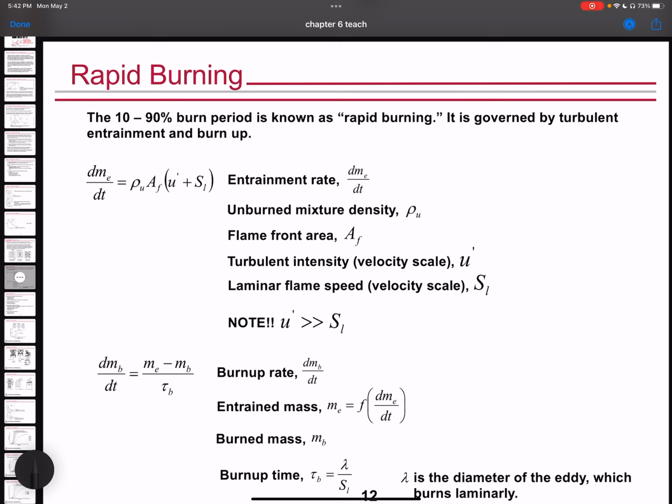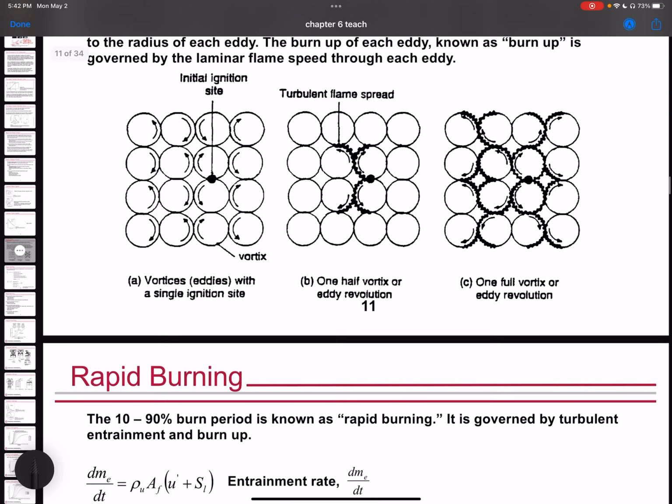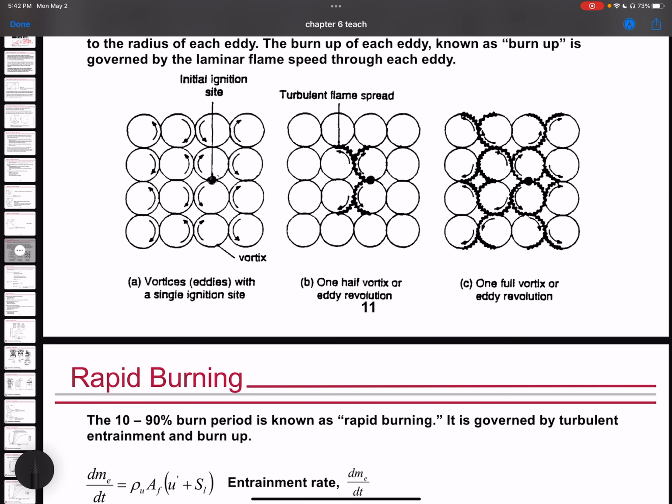So if you remember, there were two phases of our combustion process that we described. The first is the flame development period, the flame initiation period. That's where we try to create an ignition site in the mixture where a flame develops.